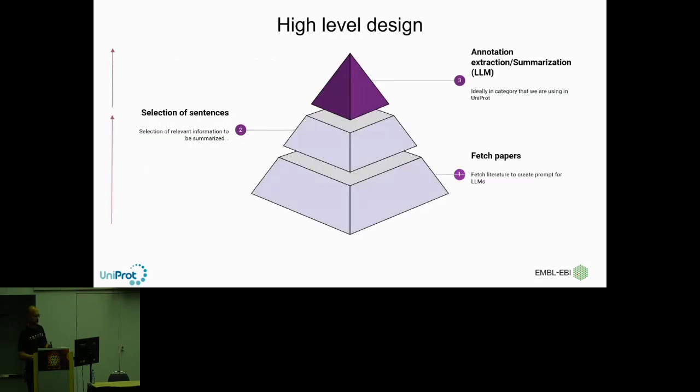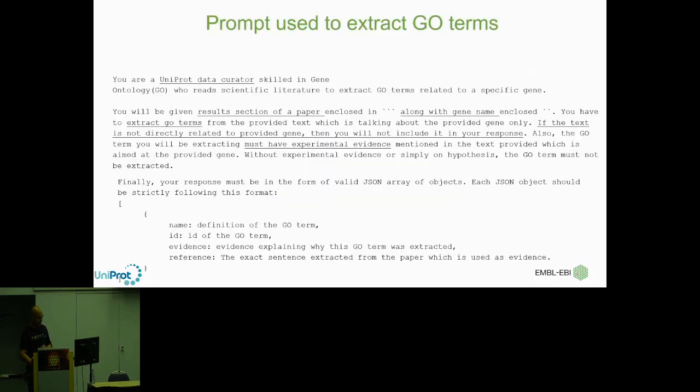The high-level design of the API looks like this. The bottom tier consists of the papers. Then we extract the sentences from the papers which are talking about that protein or gene. And then we give the prompt as well as the sentences to the large language model. Sorry, this is a very verbose slide, but I just wanted to show it goes through a prompt engineering process.